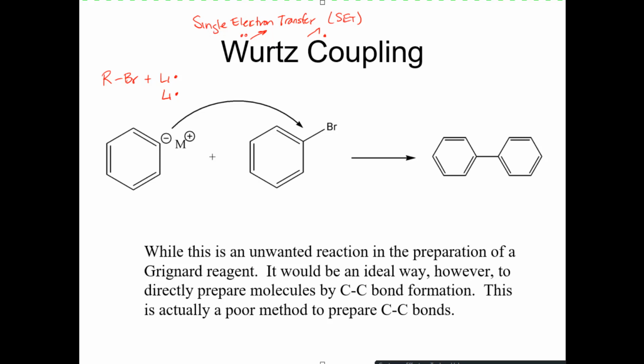Both of those lithiums are going to give up their unpaired electron, so that I end up with two lithium plus cations. Then when I break the carbon-bromine bond, the bromine pairs up with one of those unpaired electrons of lithium, and the carbon pairs up with the other, so that the R has a lone pair and a negative charge, and the Br has a lone pair with a negative charge.